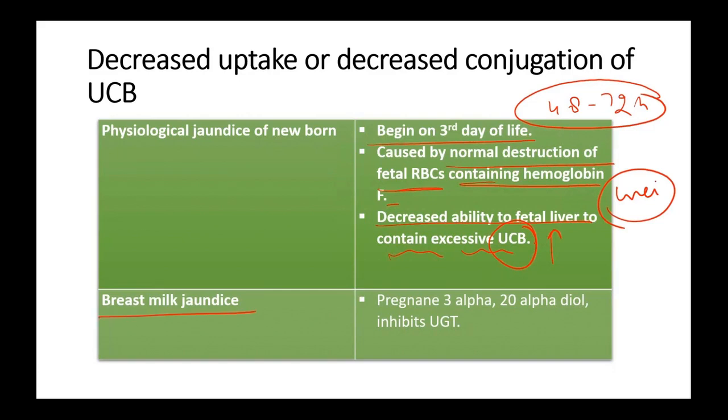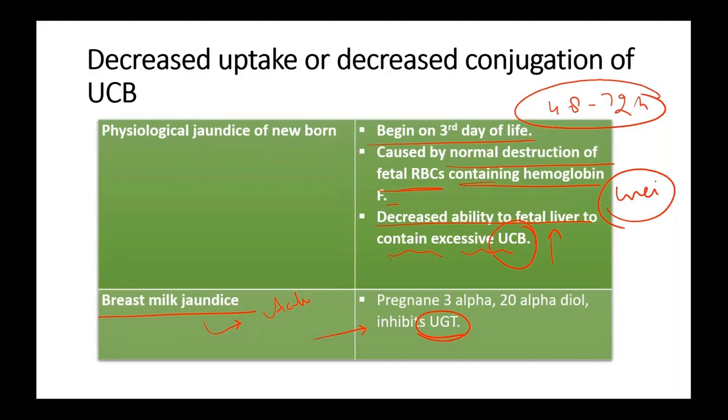Breast milk jaundice. So breast milk basically has an activity which will inhibit the activity of UDP glucuronosyl transferase.